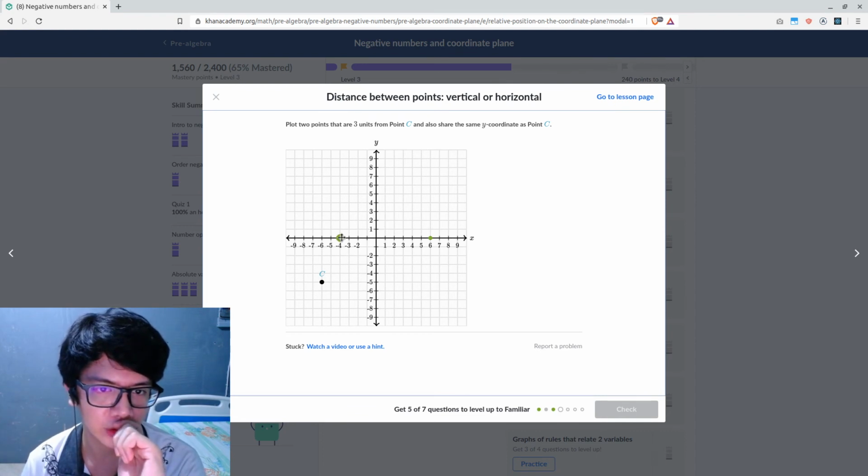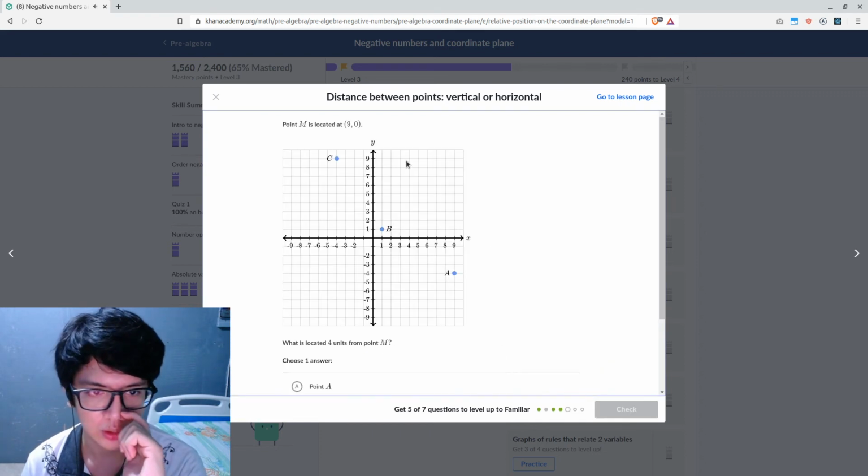They're the same. Oh, okay. Same y, so it's going to be like this one, and then 1, 2, 3, 1, 2, 3. Okay. Point M is located at 9, 0.